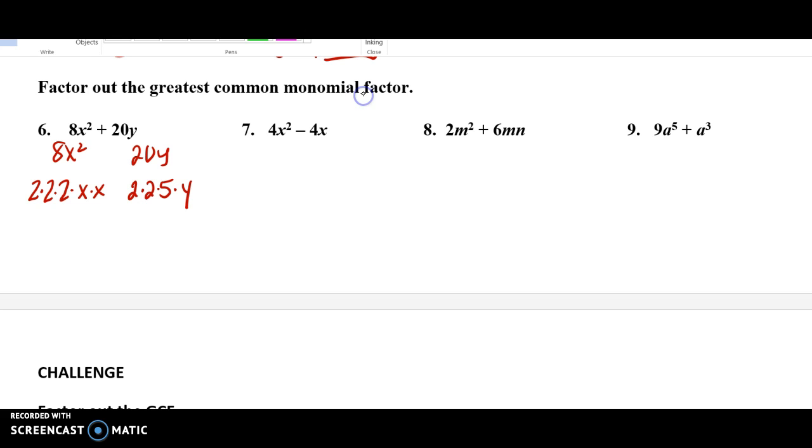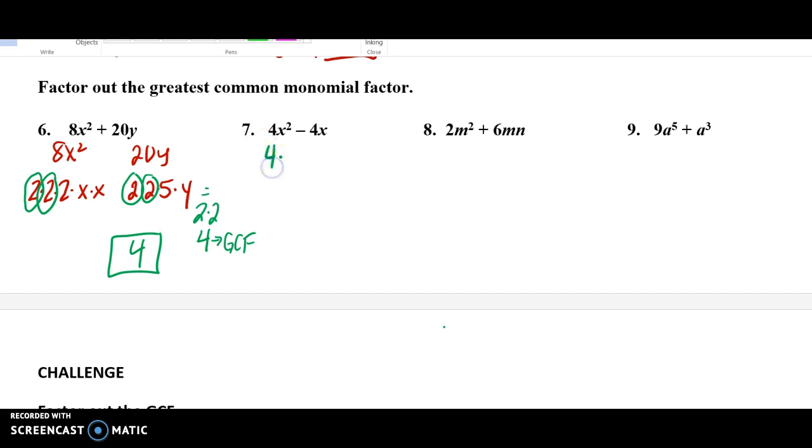So what looks to be the same in both terms are the 2 and another 2, and that's it. So the GCF is 2 times 2, or 4. There are no other factors involved, so we just write 4 as our answer. We're just finding the greatest factor.